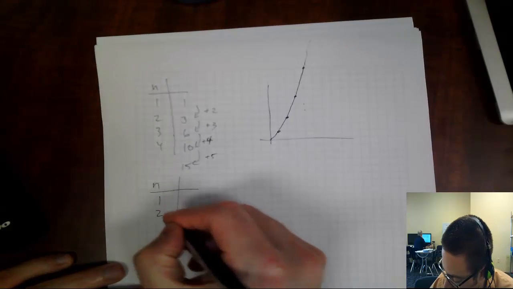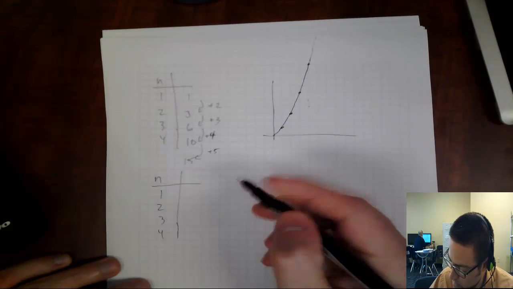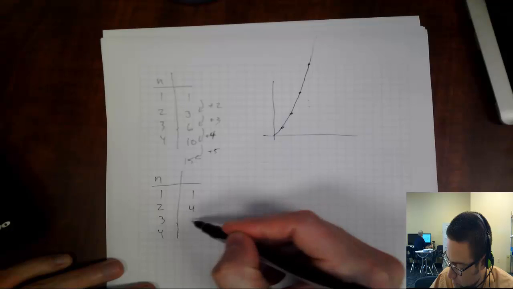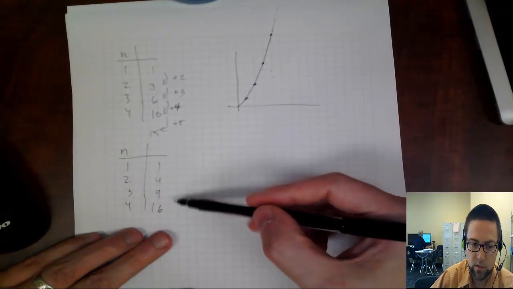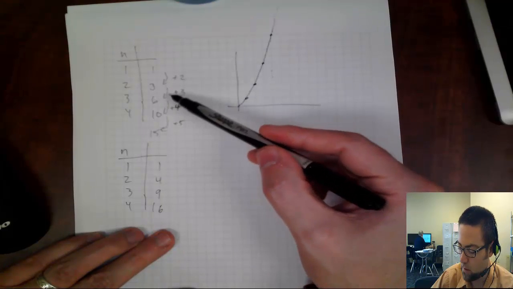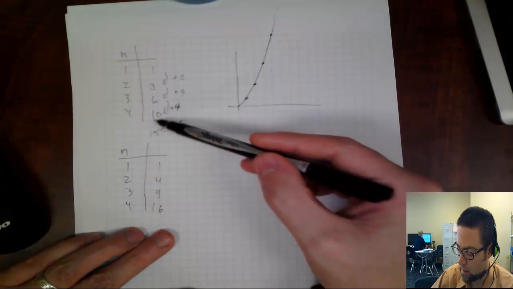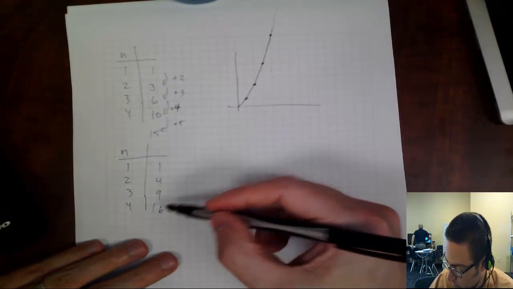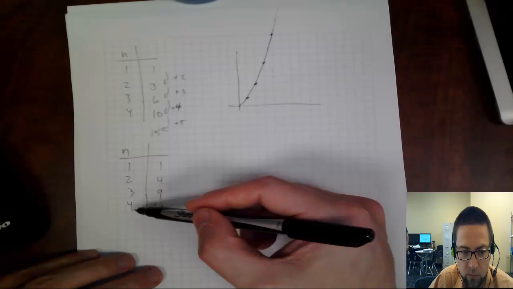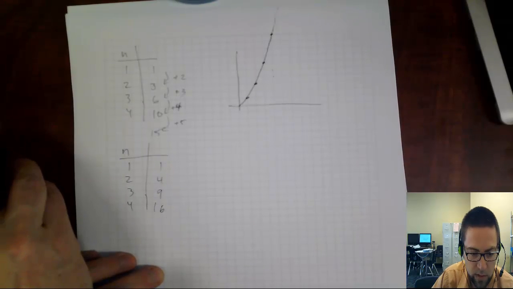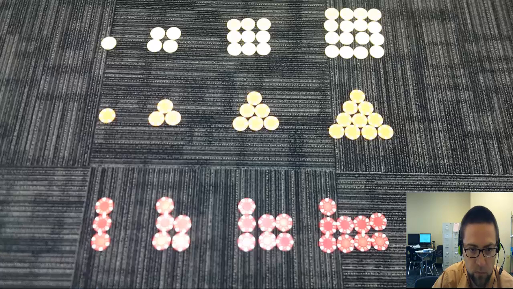So we have 1, 2, 3, 4, and it was 1, 4, 9, 16. So this one actually, it might be even easier to write this symbolically right out of the gate than this one, even before graphing, because what I'm doing is just taking that number and I'm multiplying it times itself, right? If I look at the graph, it's making squares, right? Squares of that number.